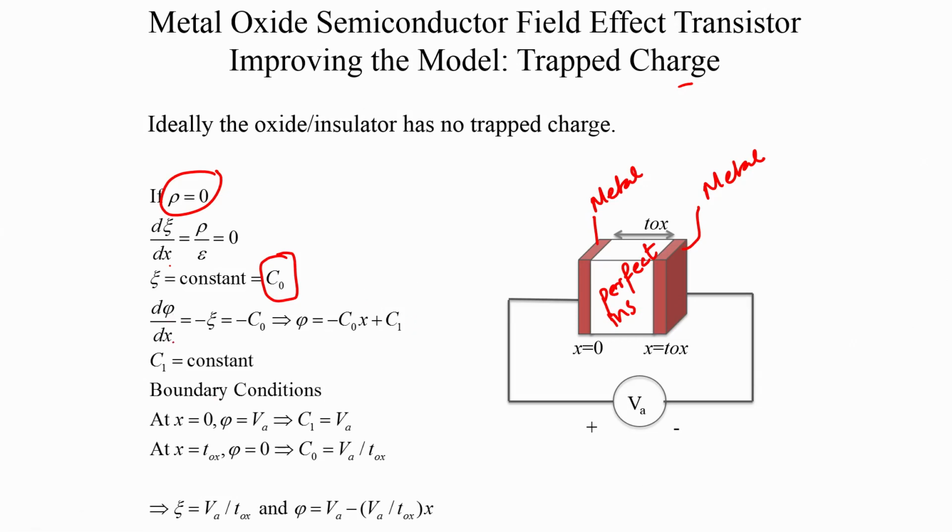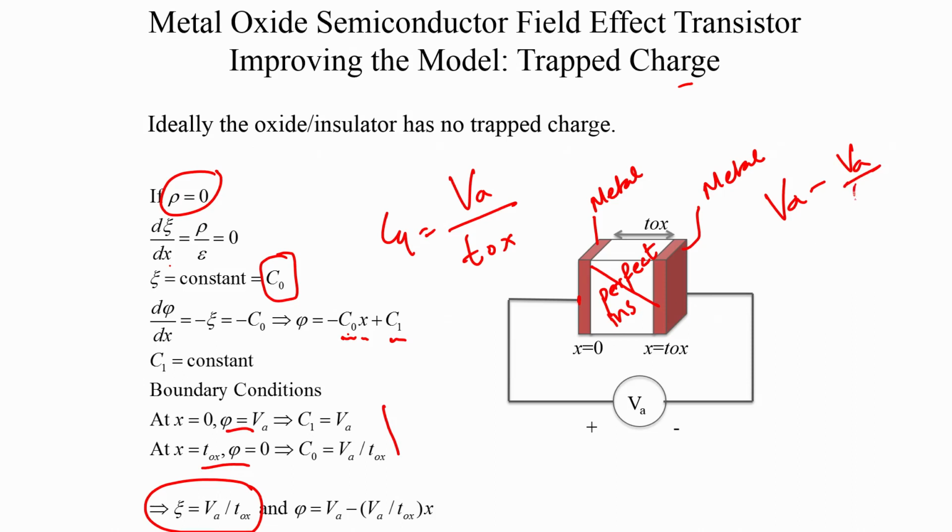So, you have d phi by dx equal to minus C0, and therefore, phi is equal to this constant times x plus another constant C1, and by applying the two boundary conditions, that is at x equal to 0 the potential is VA and at x equal to Tox the potential is 0, we can establish what C1 and C0 are, and therefore, you end up with your electric field being a constant which is VA by Tox, and a potential that decays linearly in space, which is VA minus VA by Tox into x, where VA by Tox is nothing but your electric field in the oxide.